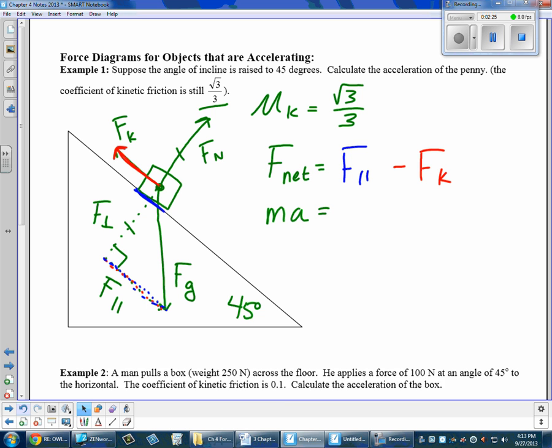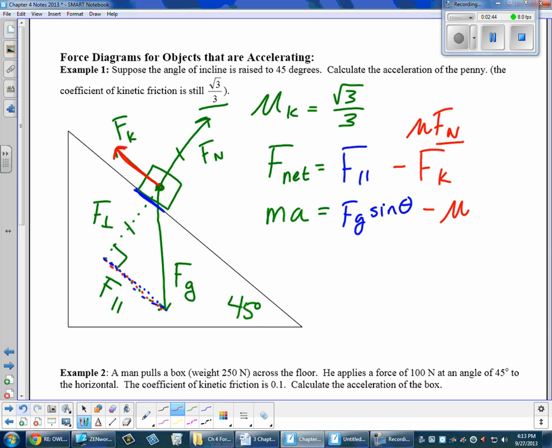I know that the parallel force is equal to Fg sine theta. And I know that the friction force is equal to mu times Fn.